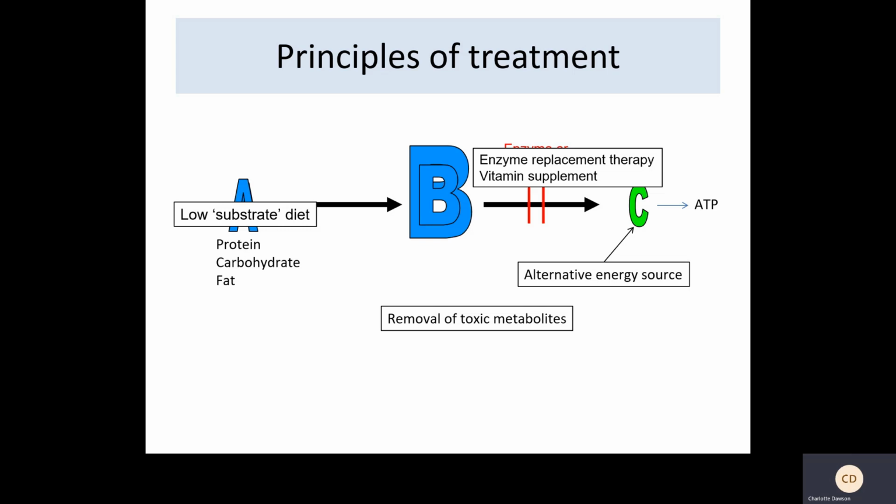So it uses a different metabolic pathway from that which is defective in the glycogen storage disorders. And finally, we can administer medication for removal of toxic metabolites, if that's the clinical problem.